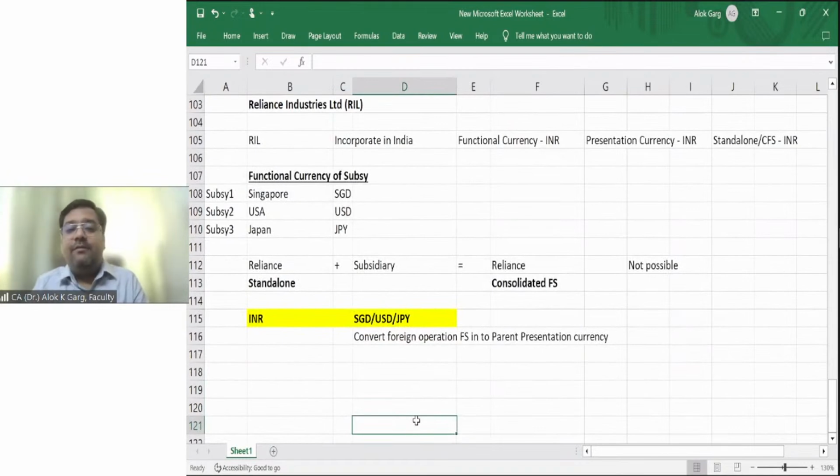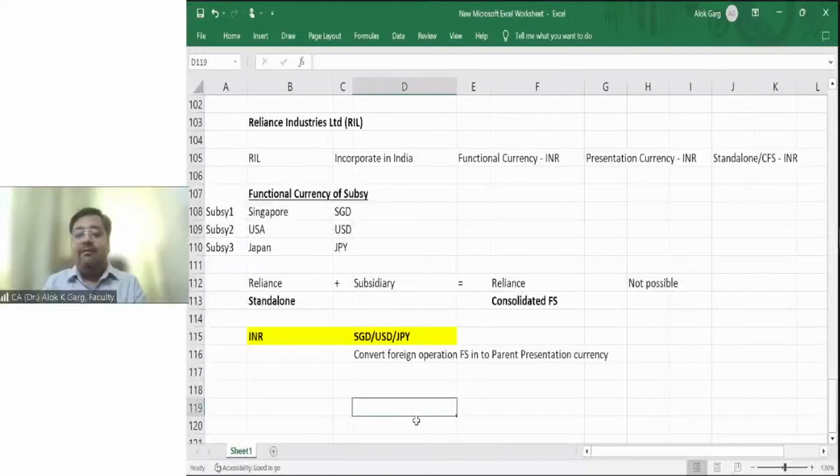So convert the foreign operation's financial statements into the parent's presentation currency. Only then will it be possible.